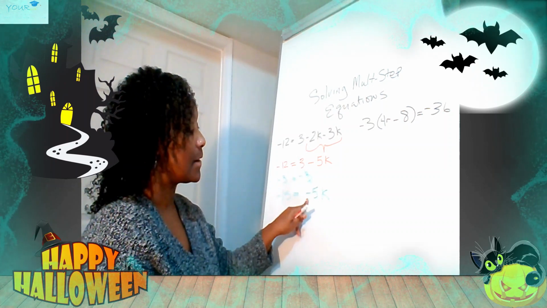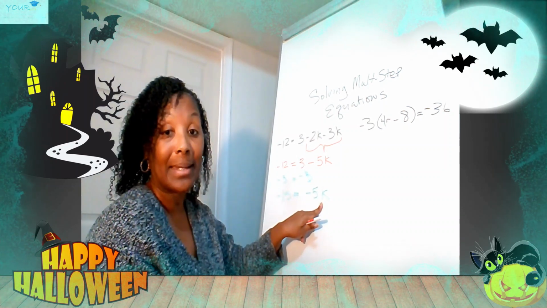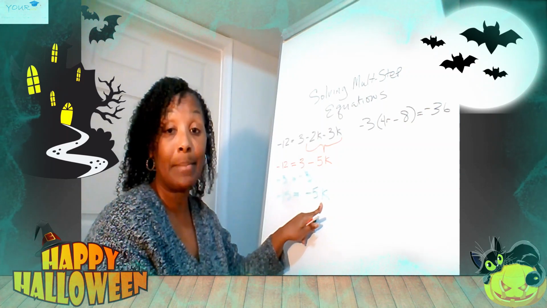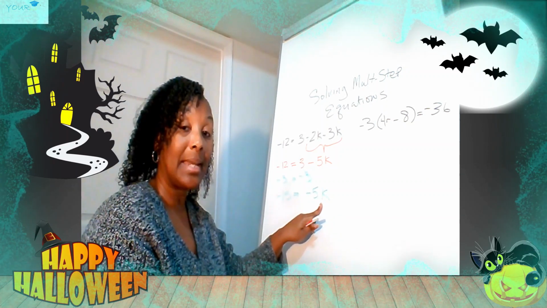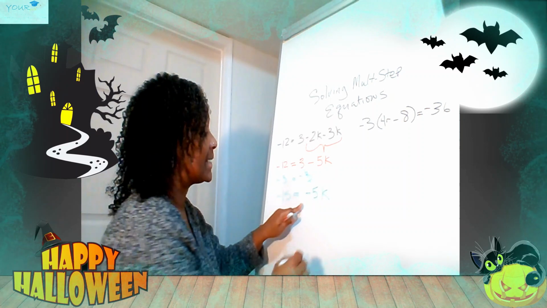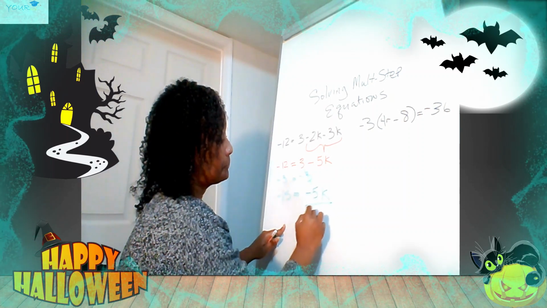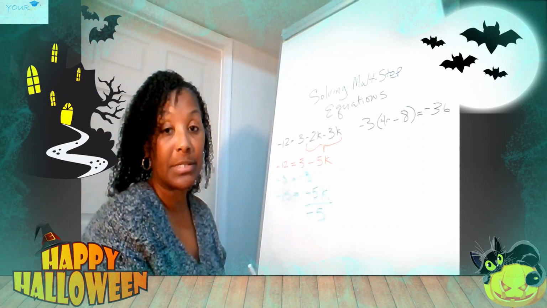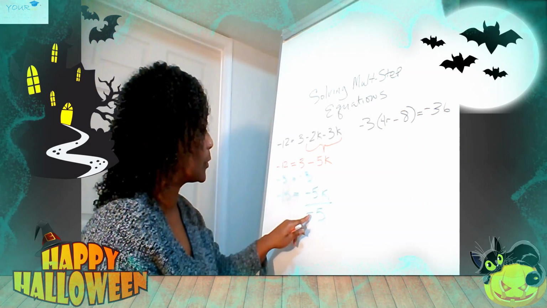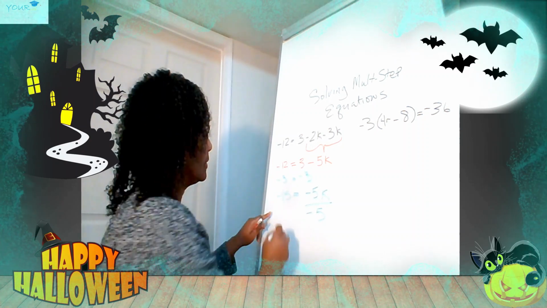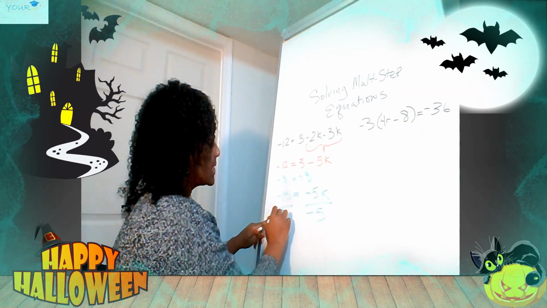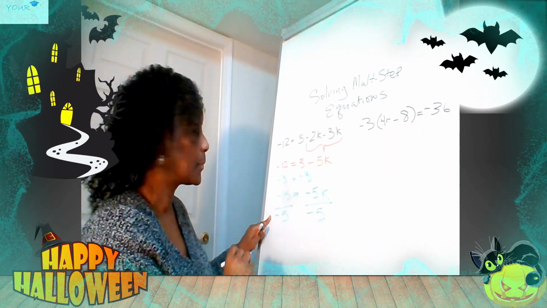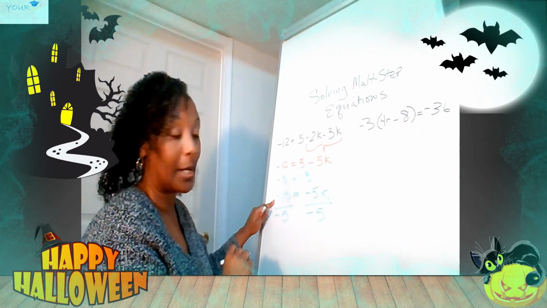So now I still have this negative 5 beside my k that I need to eliminate. I'm going to eliminate that negative 5 by dividing, because the opposite of multiplication is division. So I'm going to divide by 5 here, and what I do on one side, I must also do on the other side, so I'm going to divide by 5 here as well.